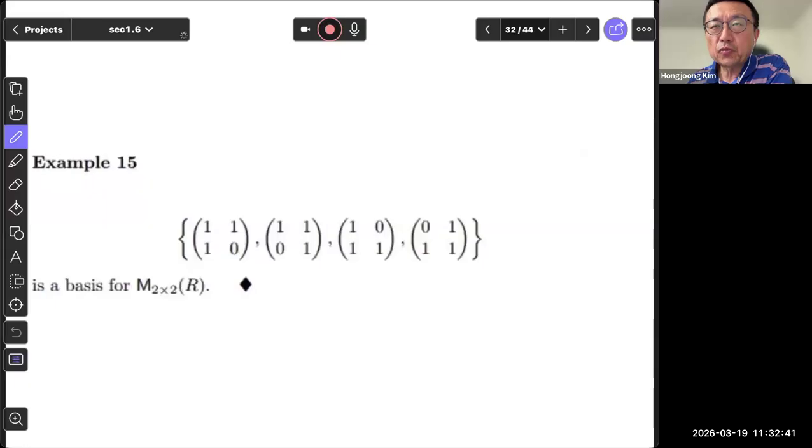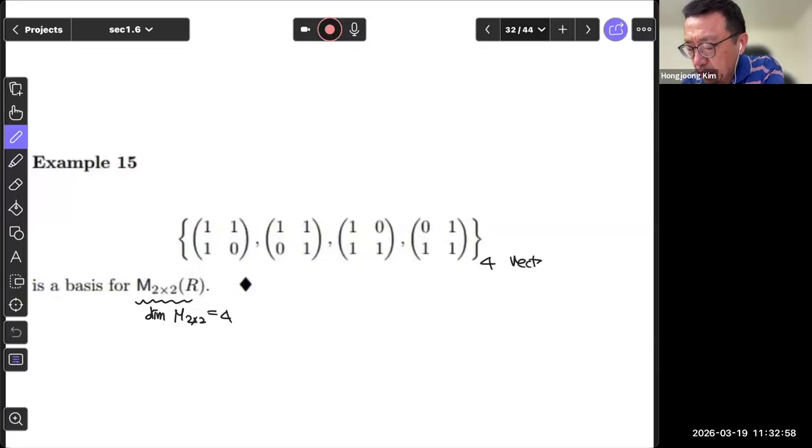And for these four matrices, in order to prove that this set is a basis, since I know that the dimension of M sub 2 by 2 is 4 and I have 4 vectors, so you can show one of two things.